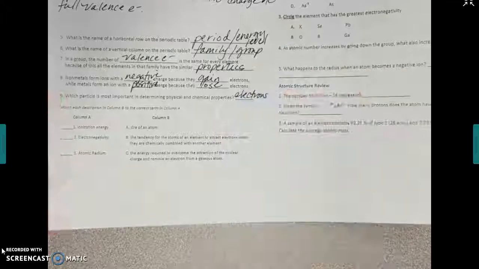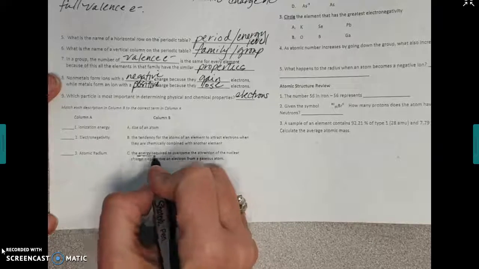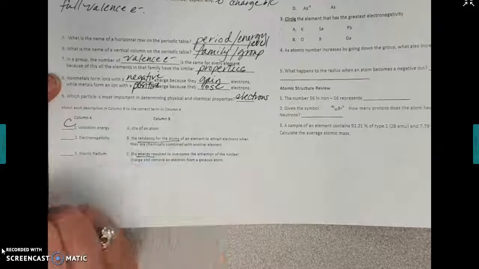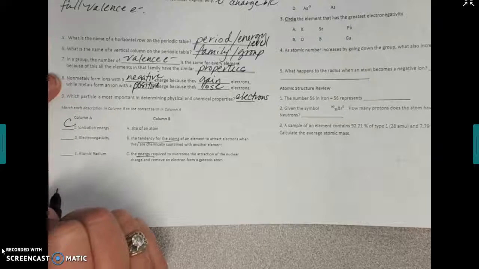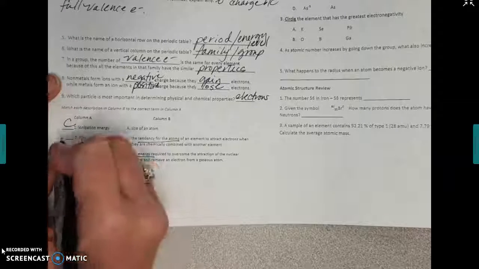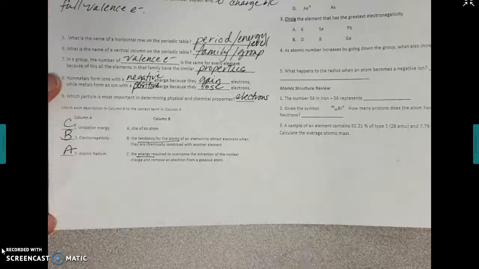The electrons. Ionization energy is the energy required to remove an electron. Electronegativity is the tendency of an element to attract electrons when they are chemically combined with another. And atomic radius is the size of the atom.